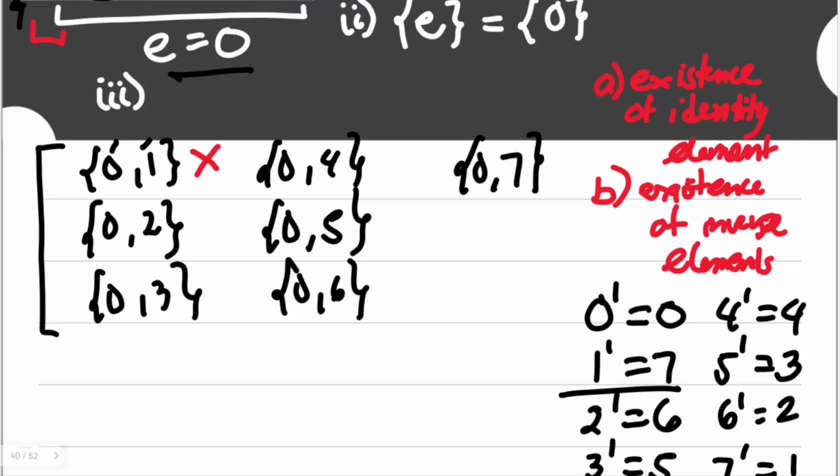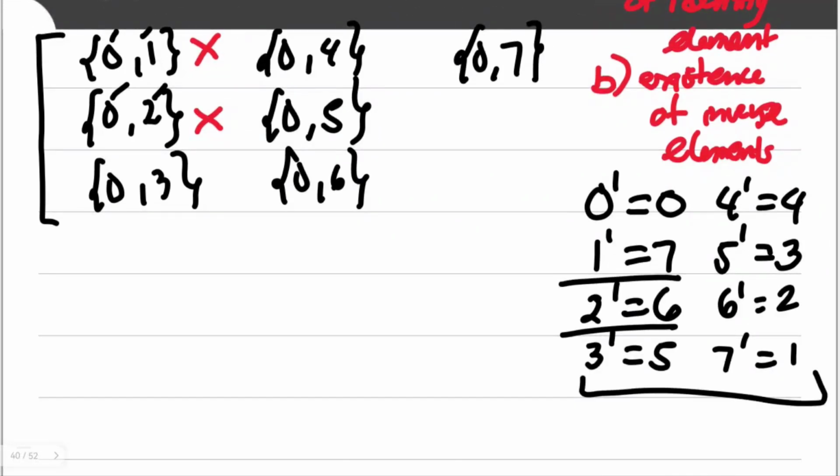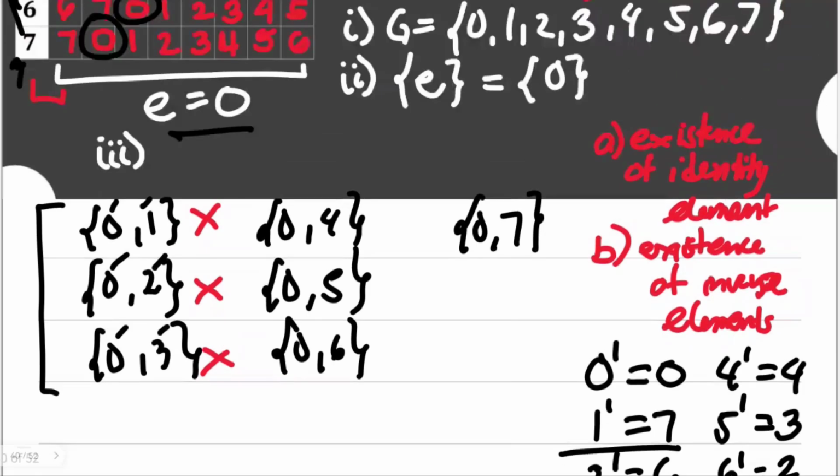Hence, remove that because for it to be called a group, inverses should be present. As for 2, the inverse of 0 is 0, but the inverse of 2 is actually 6. So again, we'll drop this. Next, the inverse of 0 is 0, but the inverse of 3 is 5. Similarly, drop that.